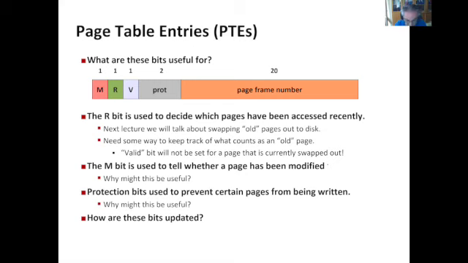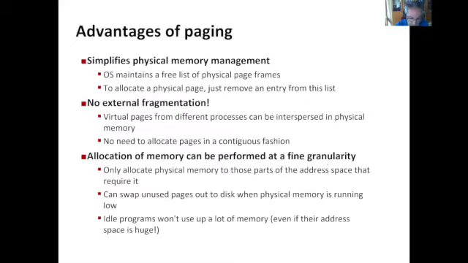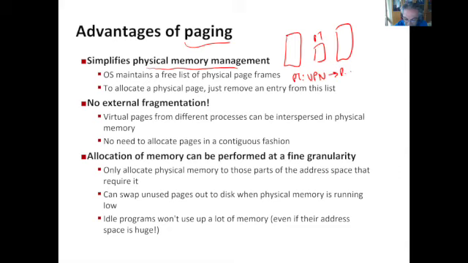We'll discuss this. So what are the advantages of paging in relation to, say, the partitioning idea? The physical memory management is simple. We have a page table here, which is a mapping from virtual page number to physical page number.